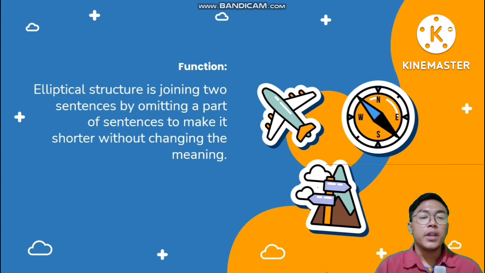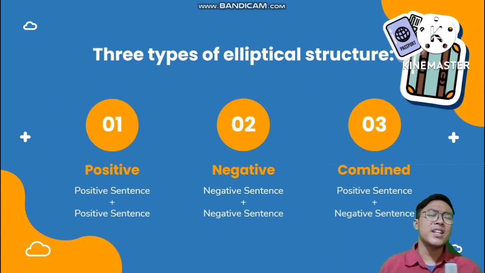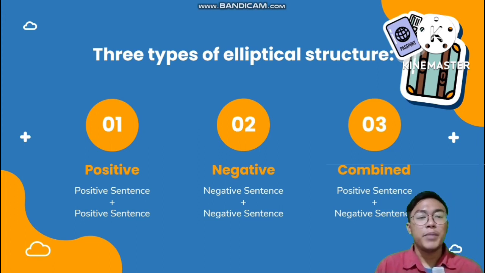And now we're going to move to the next slide. There are three types of elliptical construction, which we're going to explain one by one in this sharing session. The first one is positive: positive sentences and positive sentences.